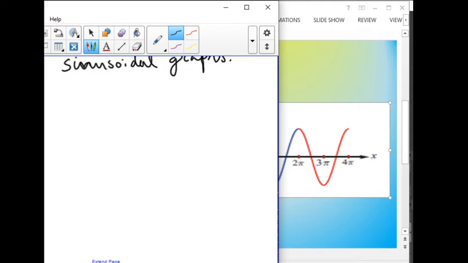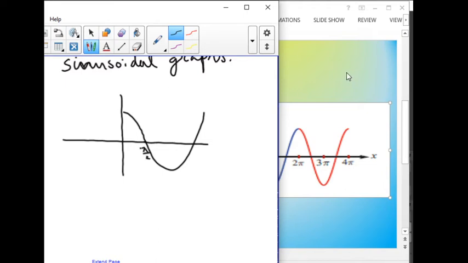The horizontal line touches the curve at 2 points. So this is the cos curve. This is pi by 2 and this is pi. So this is 0. So this is 1.